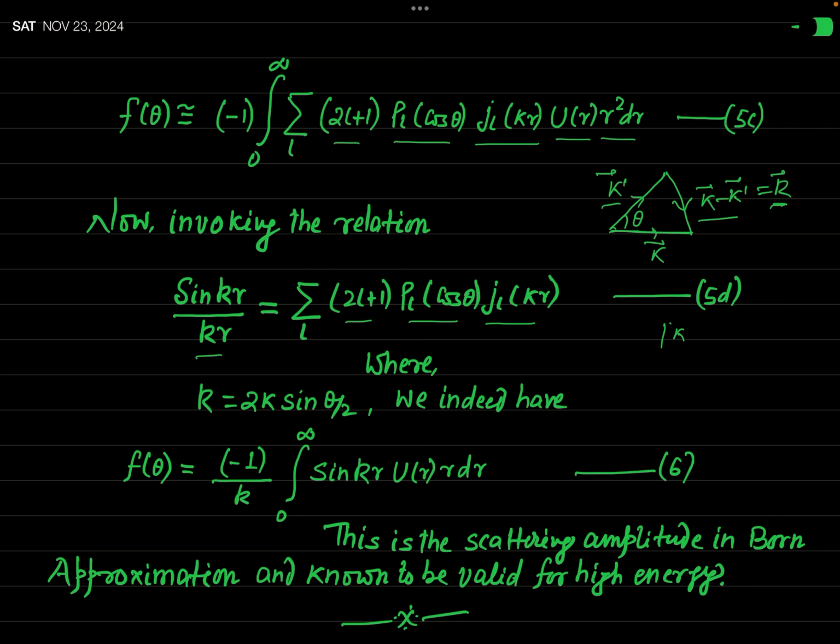And you know that the magnitudes of k and k dashed are both equal. And so if theta is the scattering angle, then kappa is given by 2k sine theta by 2. So when we substitute this result in this equation, our result becomes f of theta equal to this much.